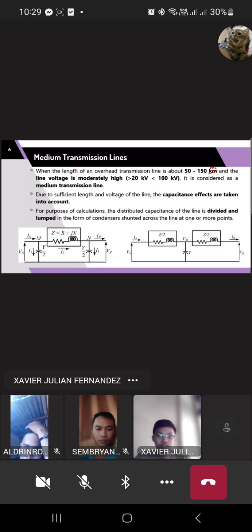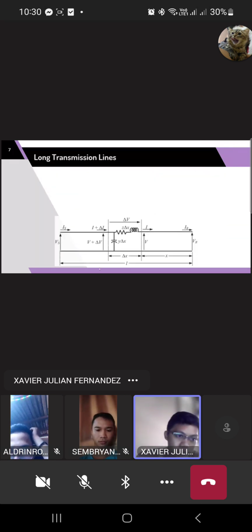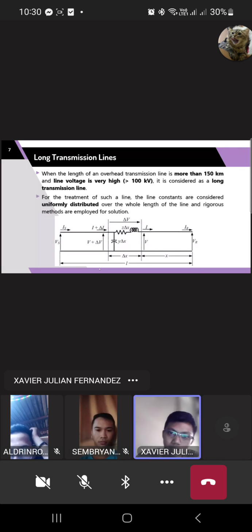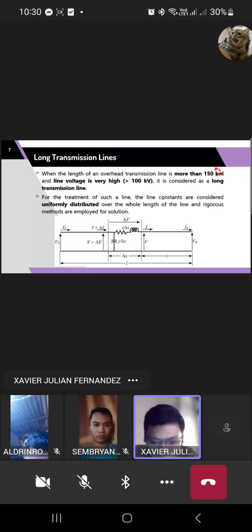Okay. So we also have long transmission lines. They're more than 150 miles. And the line voltage is very high. The usual voltage of a long transmission line in practice would go about 230 kilovolts. There's also 400, there's also 450.